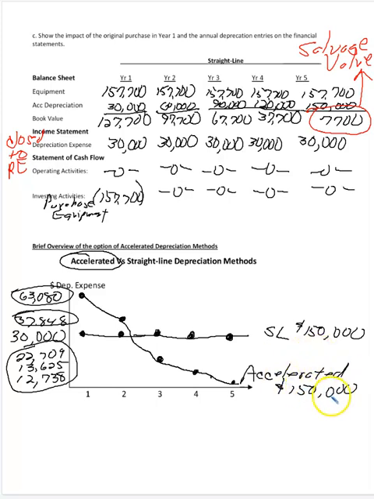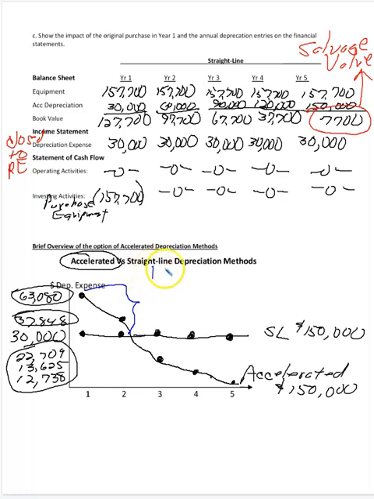But let's look at, well, what difference then? If it all works out the same in the long run, then why would anybody bother doing this accelerated depreciation? So let's look at what happens before it turns itself around, while we have higher depreciation expense.